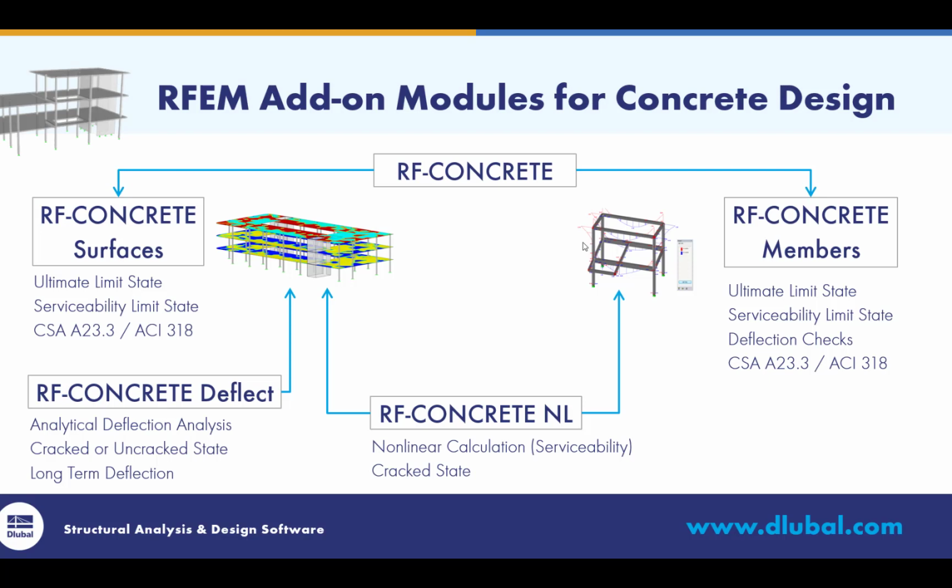Rather than applying analytical methods to estimate what the cracked cross-section factor should be, we'll actually figure out which portions of the section are cracked. We'll reuse the modified cross-sectional properties for the analysis. So again, not getting into that today, but that is an option for either of these two concrete add-on modules.